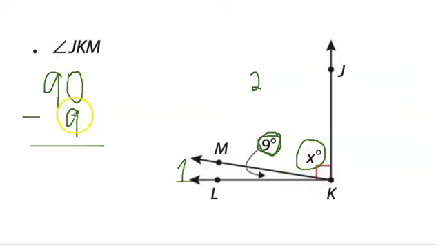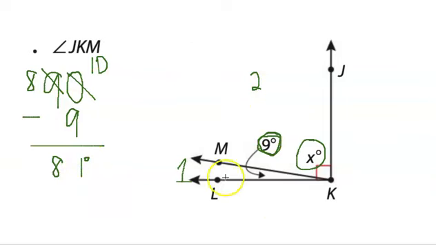I can't do 0 minus 9, so I'll cross off this 9 and make it an 8. This one will become a 10. 10 minus 9 is 1. 8 minus nothing is 8. So our missing angle x is equal to 81 degrees.